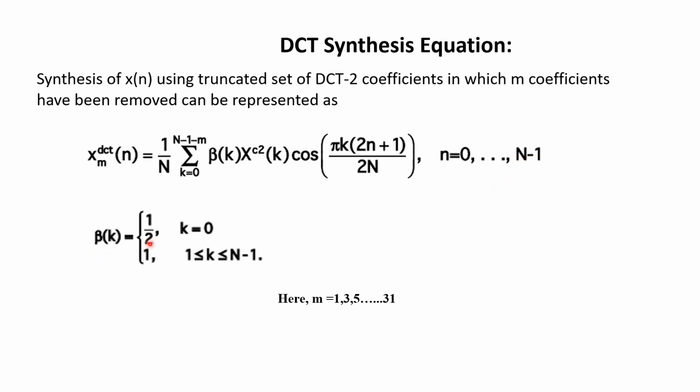Here beta of k equals 1 by 2 for k equals 0 and 1 for k between 1 to N minus 1. We will perform the calculations for m equals 1 to 31. First we will remove one term, then 3 terms, then 5 terms, and so on, and then we will plot the errors.